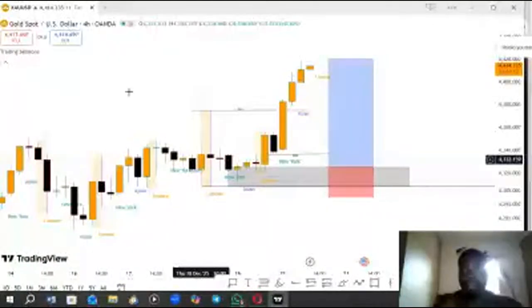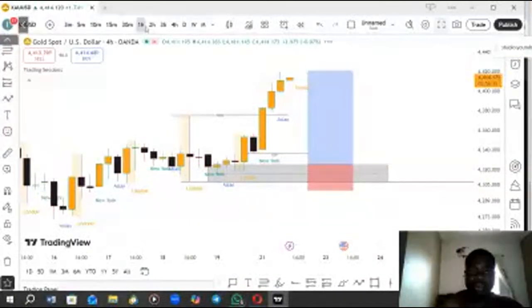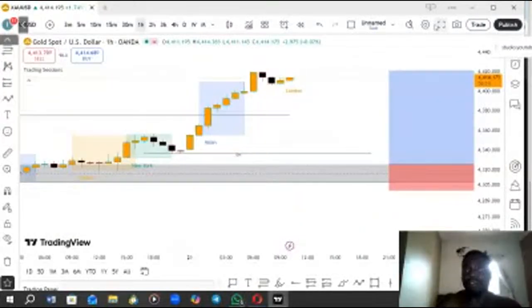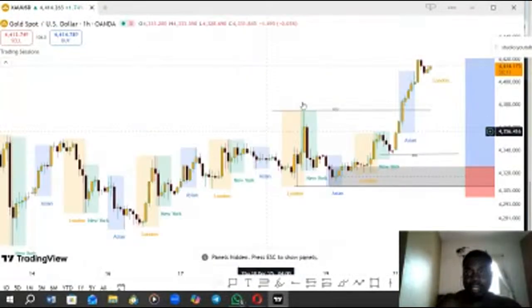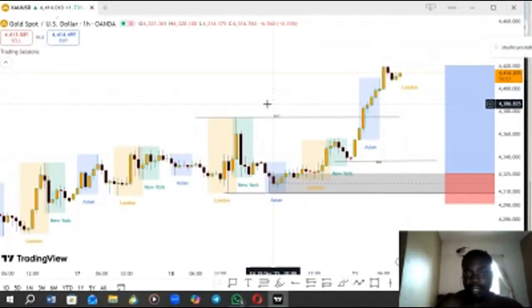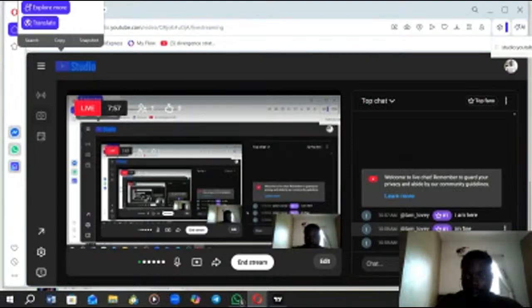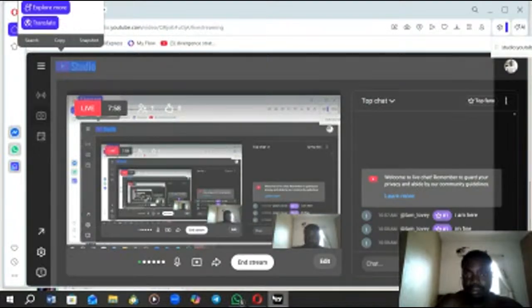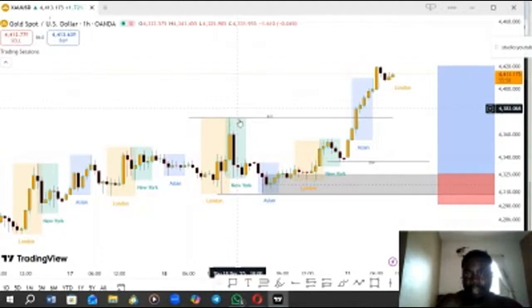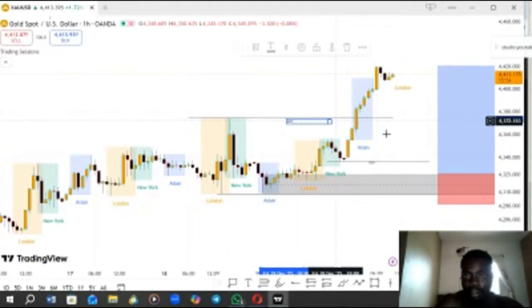After I marked that low, I went to the 1 hour just to refine that zone. You can see on the 1 hour it's very, very clear that here I had my break of structure. So this is where I had my break of structure on the 4 hour time frame.